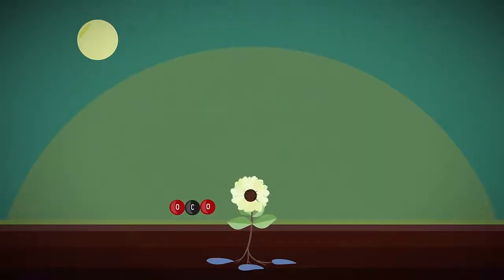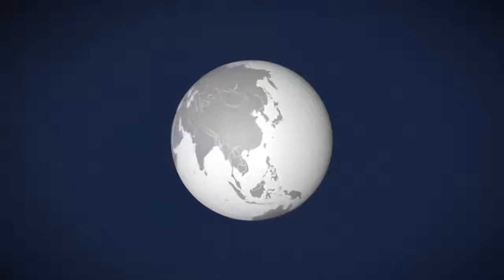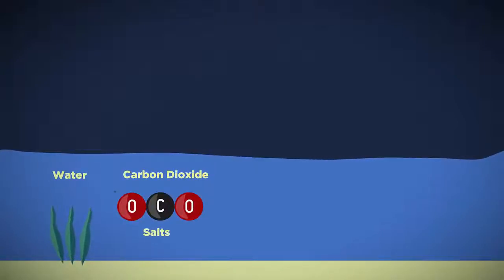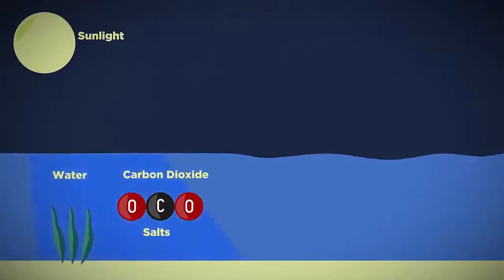We need to find a way to trap the plants before this recycling happens. The Earth's surface is 70% ocean, where we could grow large amounts of photosynthesizing algae. But most of the oceans contain few living things. There's plenty of carbon dioxide, water, salts, and sunlight for photosynthesis and growth.